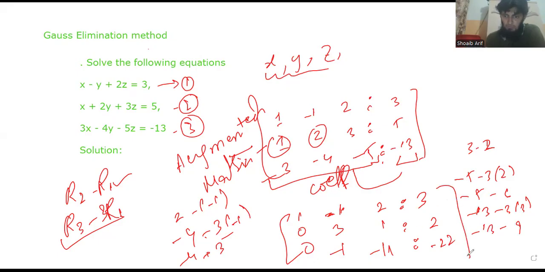Okay, so now we will convert this number into 1. So we replace row 2 with row 1. So we can get 1 in this place easily.